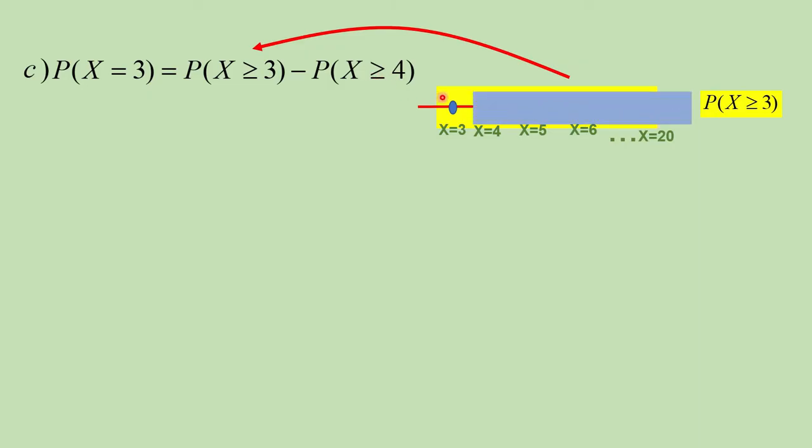Probability x more than or equal 4 is given as the blue rectangle here, that is the summation from x equal to 4 until x equals 20. So you need to minus here probability x more than or equal 3 minus probability x more than or equal 4. Then you will get this value, that is probability x equals 3.